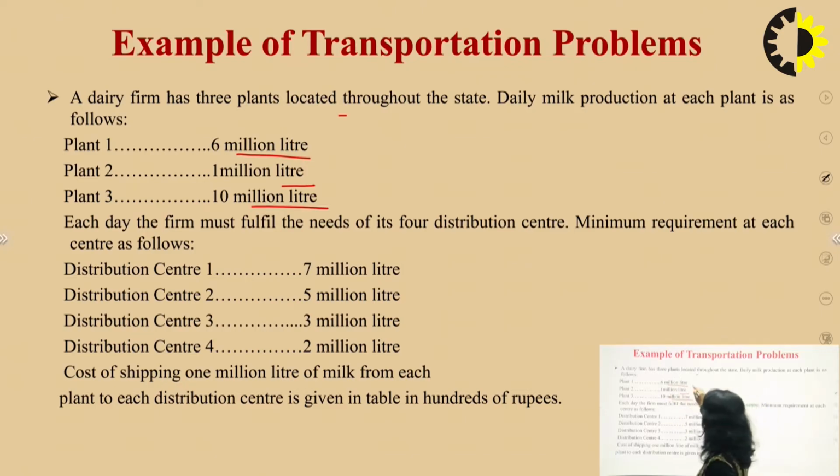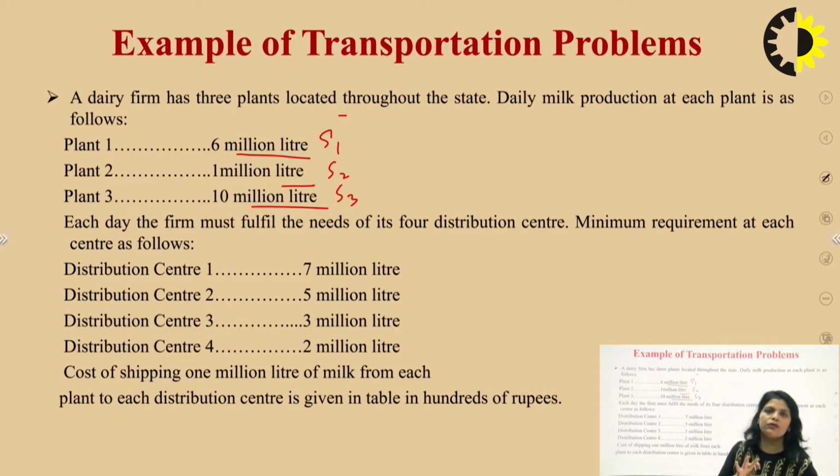These are S1, S2, and S3, or P1, P2, P3, meaning this much milk is available with them.